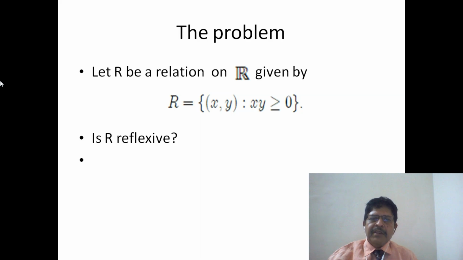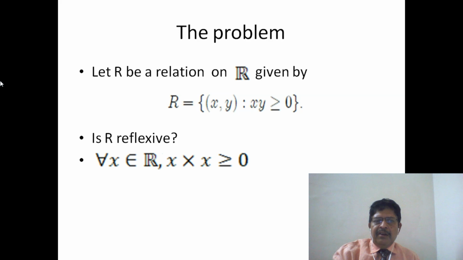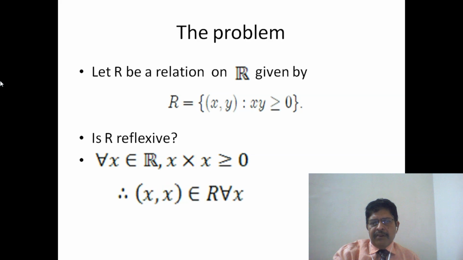So is it reflexive? Yes, quite simple, right? No hassles. For all x belonging to R, x into x, that is x square, is always greater than or equal to 0, and therefore all these ordered pairs x comma x belong to R.